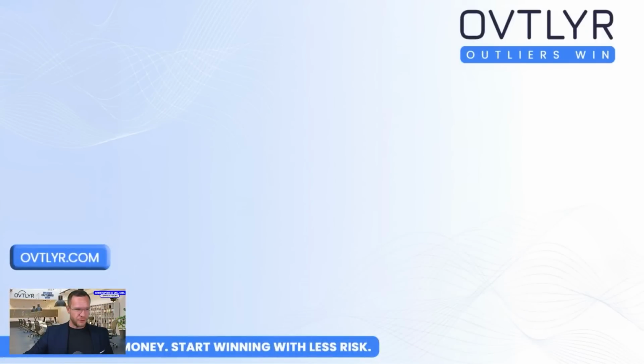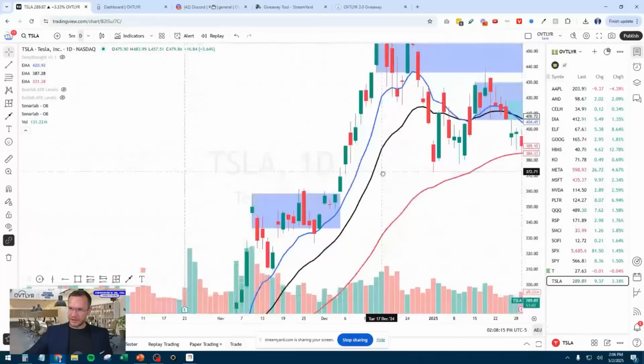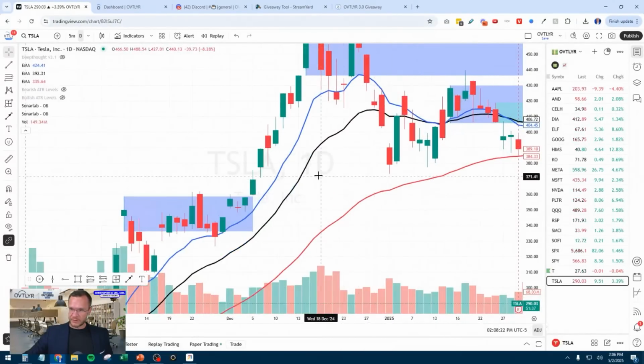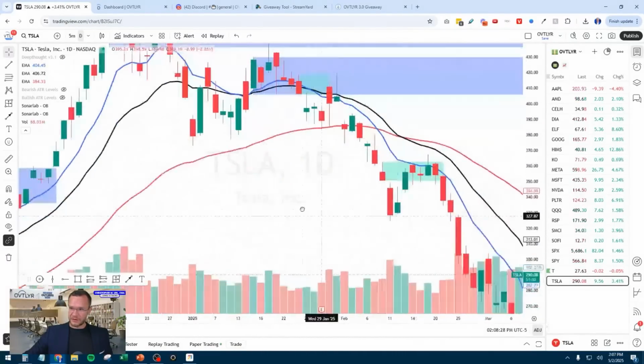So I'm not sharing my screen. It'll help if I share my screen. There we go. A gap just means that the closing price of the day before and the opening price of the next day are apart from each other, right? So you can see multiple gaps right here. Sometimes they wick through the gaps and sometimes they just straight up gap and it's not even close, right?